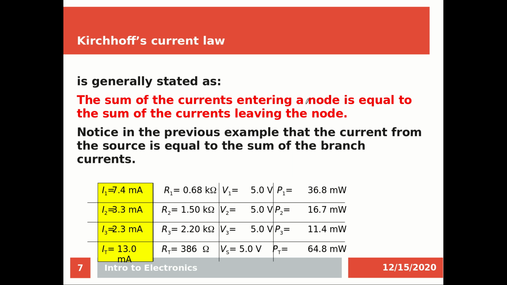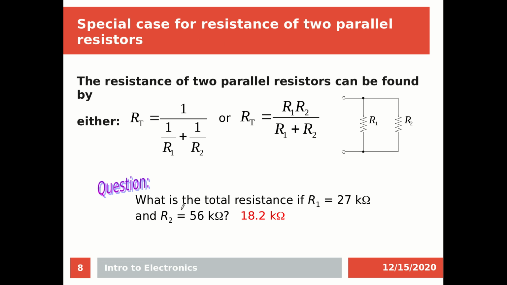Okay, so again, in the previous example, the current from the source is equal to the summation of all the branches, so you can calculate the total current. Okay. Now there is a special case for two parallel resistors.